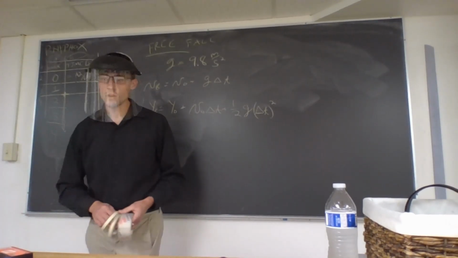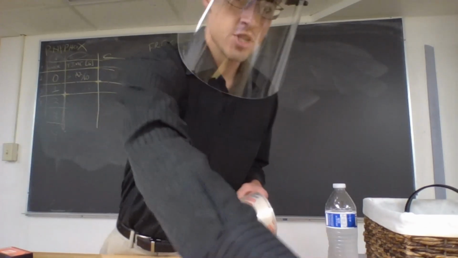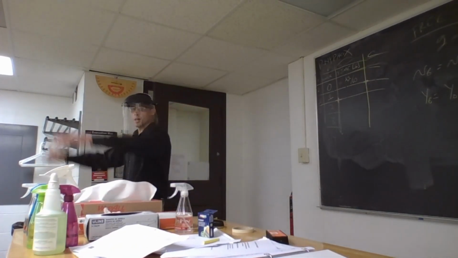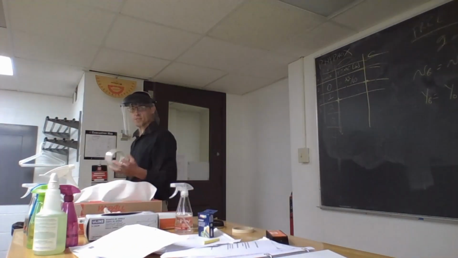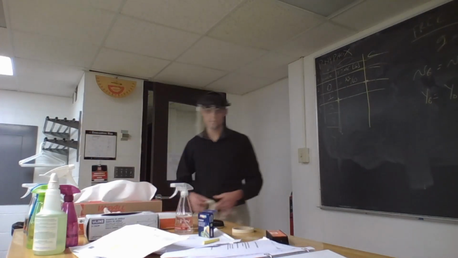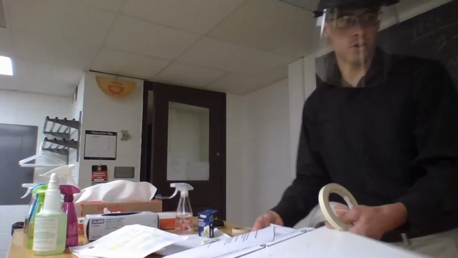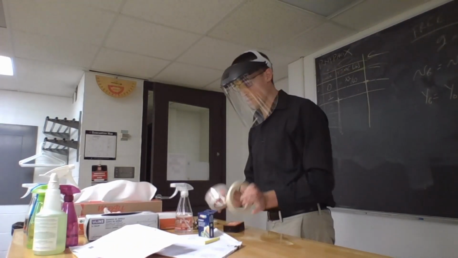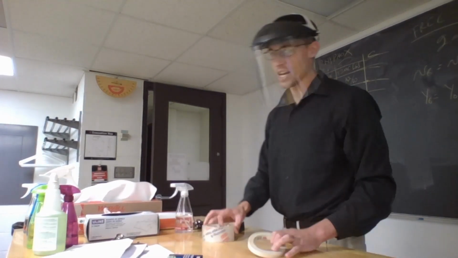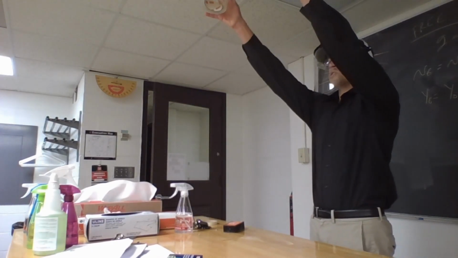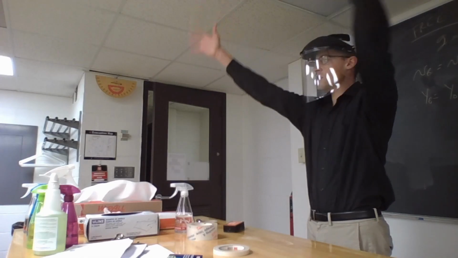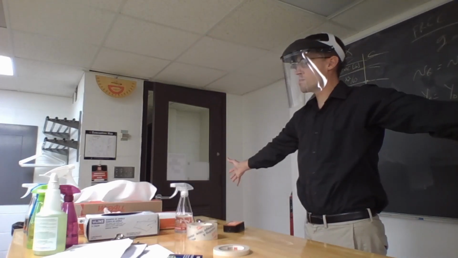So the idea here, the free fall acceleration, is pretty simple. When there are two objects, say, dropped at the same time, they will reach the floor at the same time. I don't think it's going to pick this up. Okay. Let's try it from right here. So if I have these two objects here, I drop them from the same height, they will reach the table at the same time because they both accelerate at the same rate.